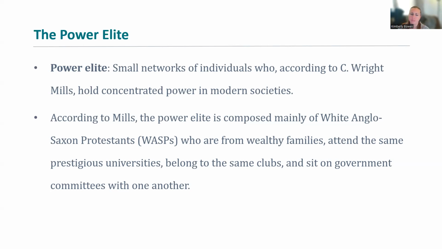This group is still similar, though they do have different religious affiliations to an extent now, and you do see some females in it. But if you look at, for instance, who holds the power within major corporations, the board members of these big companies, you're going to see a lot of crossover.